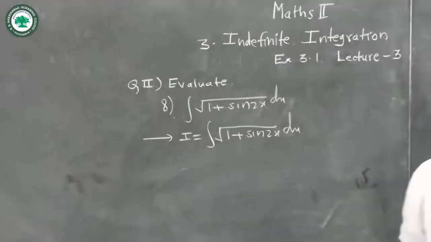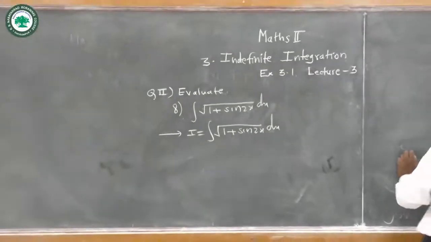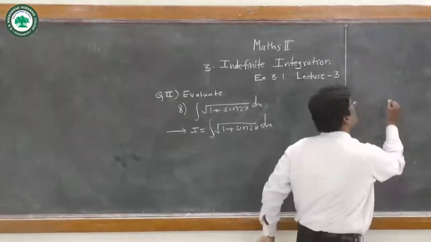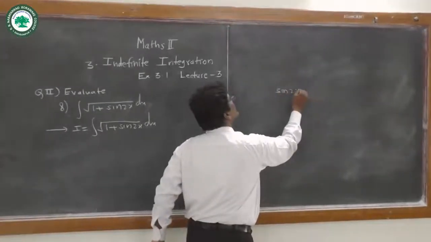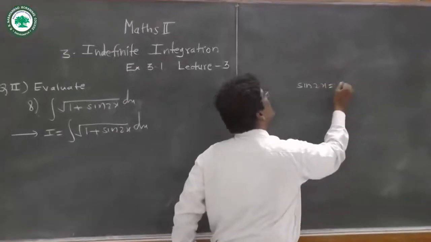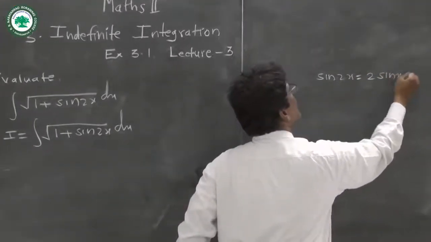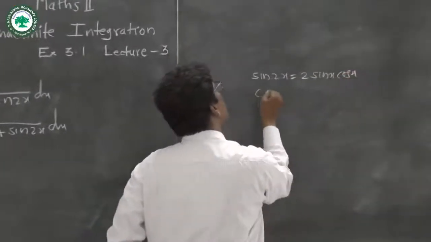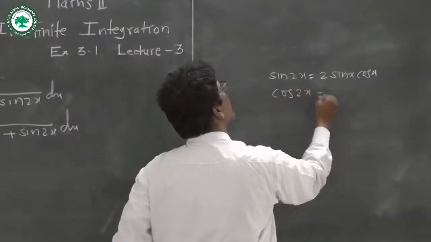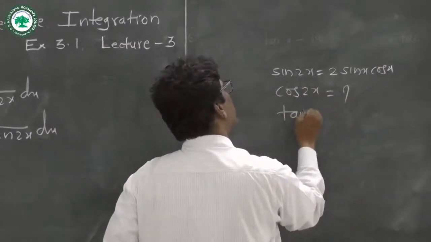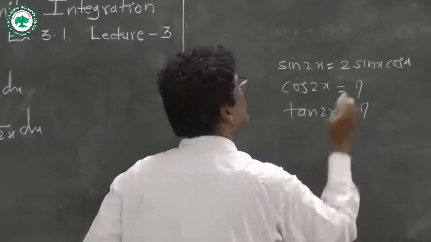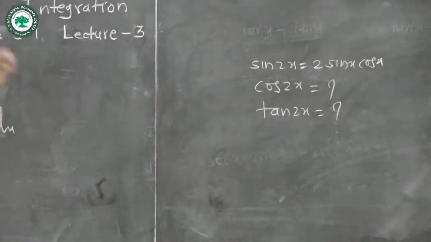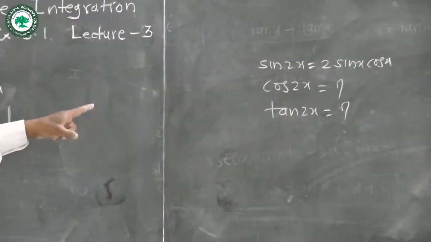We know the formula for angle 2x. Sine of 2x is equal to 2 times sine x cos x. We know this formula. Also we know cos of 2x and tan of 2x. So here sine of 2x is 2 times sine x cos x.